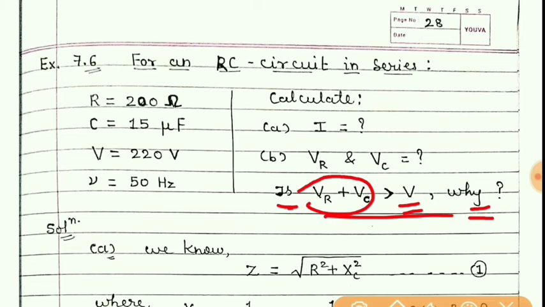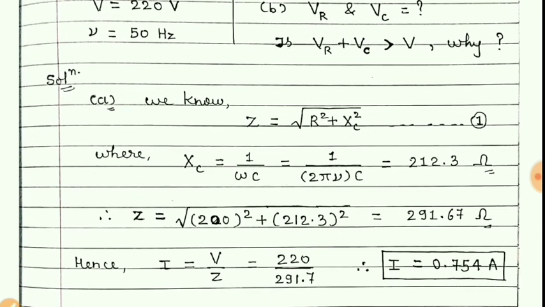So now let us start with A. We know that impedance Z is equal to root of R square plus X square. Students, as there is no inductor connected, only Xc will be there, so it is Xc square. Let us give this equation number 1.